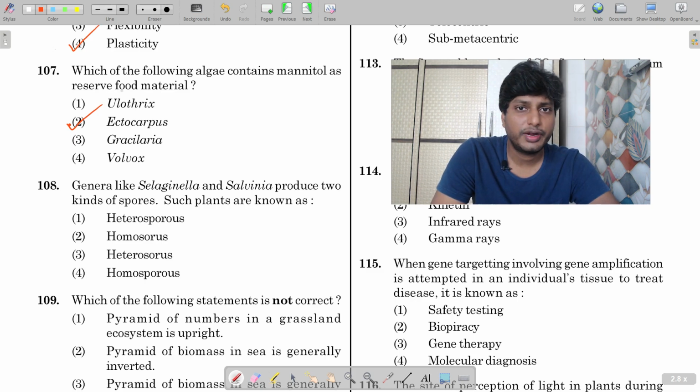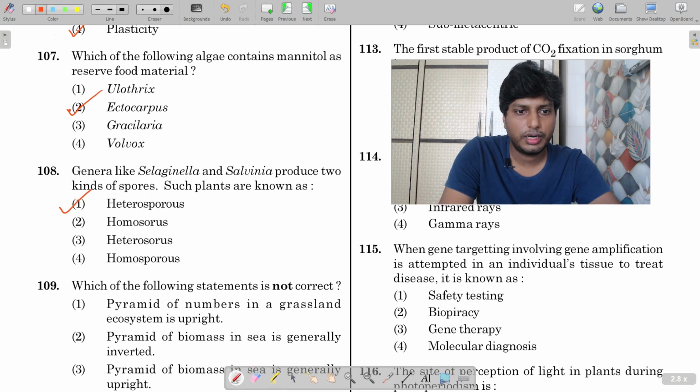Whereas certain pteridophytes produce different kinds of spores, wherein the male spores are smaller compared to the female spores, and such pteridophytes are called heterosporous. So here, as they are asking, if plants like Selaginella and Salvinia produce two different kinds of spores, such plants are known as, the answer would be heterosporous. Now let's attempt the next question.